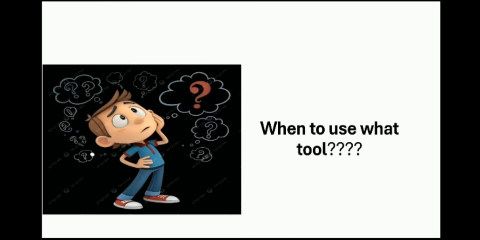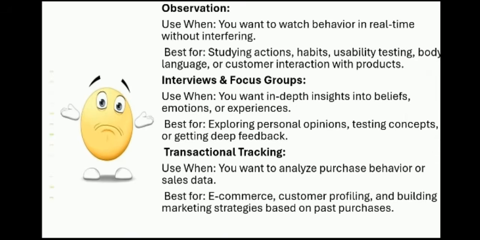Alright, let's see which tool fits best depending on the situation. So, if you want to watch behavior in real time without interacting, you can go for observation. It will be best for studying actions, habits, usability testing, body language, or customers interacting with products. But to learn from people's buying habits, use transactional tracking.